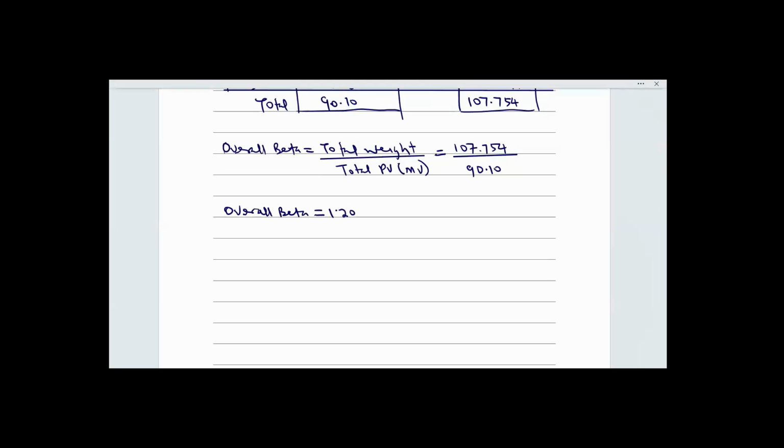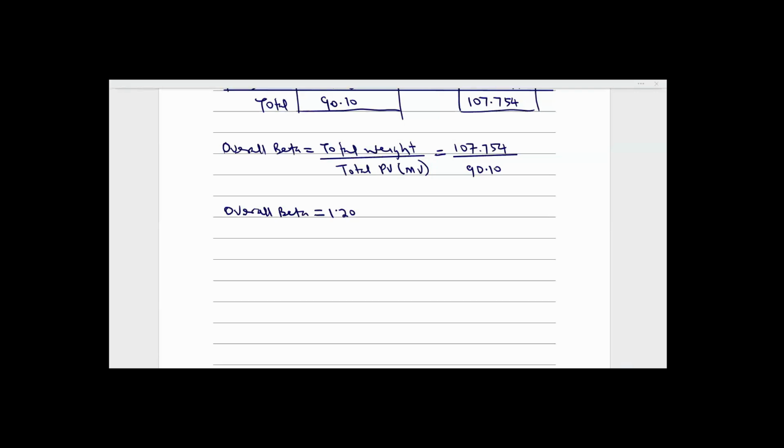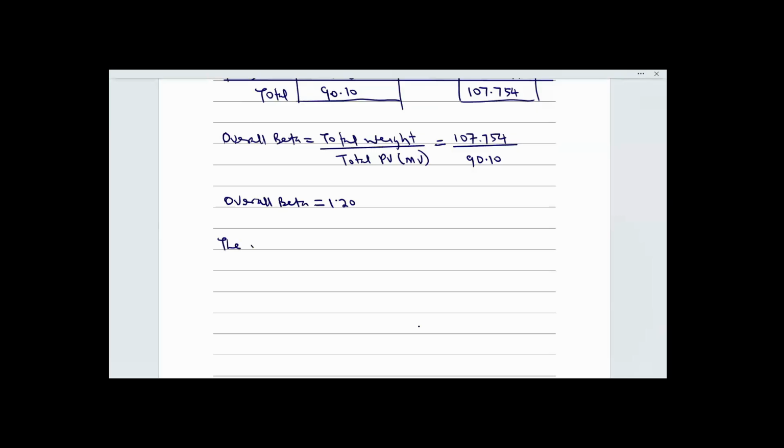Let me go back to the question. To determine the overall beta factor of company Y, assuming that all projects are undertaken. Okay, so I would then say the overall beta of company Y's project portfolio is 1.2.